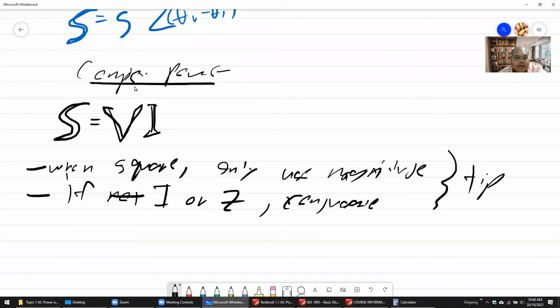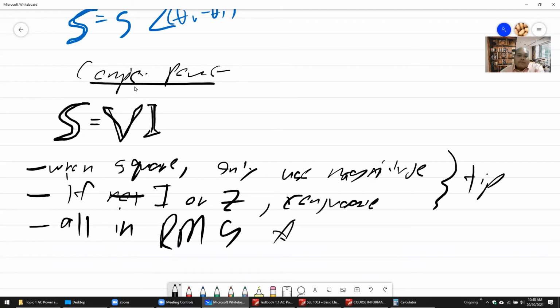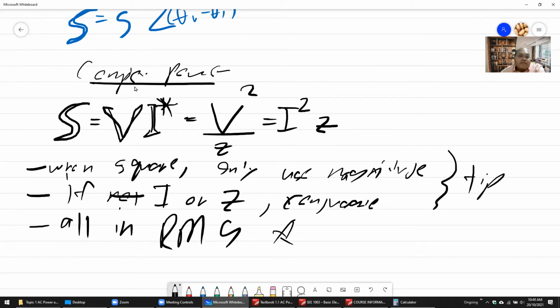Remember, this formula is all in RMS, and if it is I, you have to put the conjugate. Also remember the power formulas, V squared divided by Z, or I squared Z. Based on these formulas, if you have a square, you use only magnitude, but if you don't have a square, you use the complex number, with conjugate for I or Z. Try to memorize these formulas, usually not given.